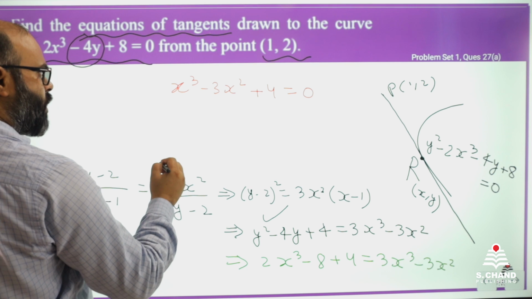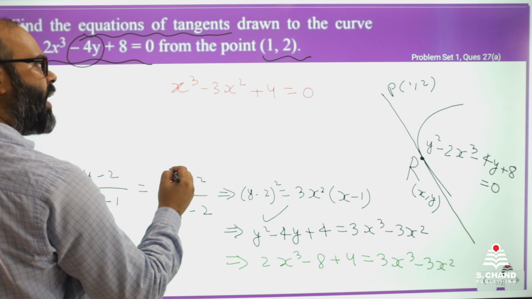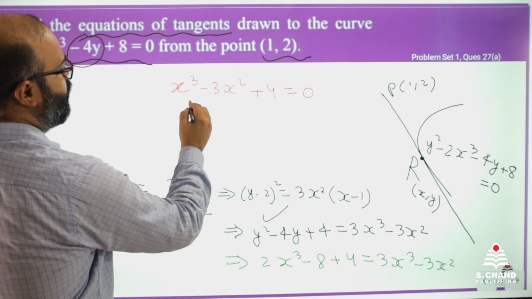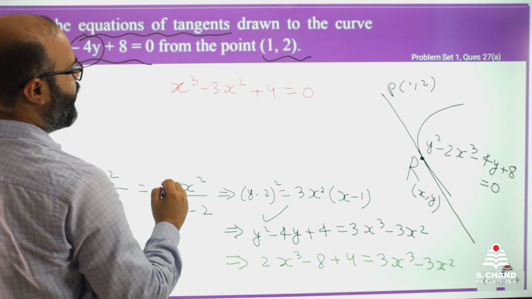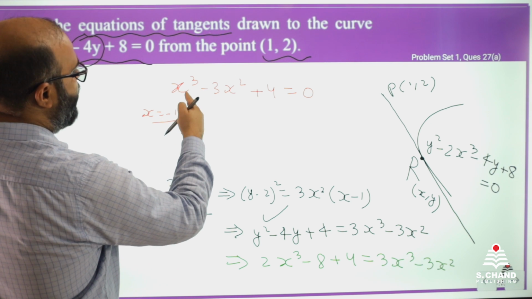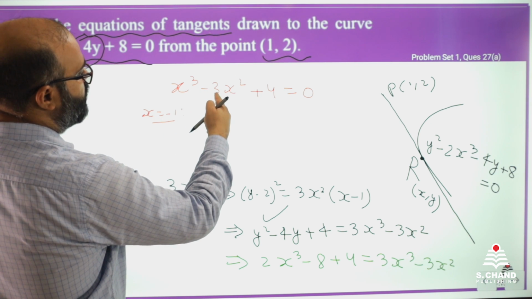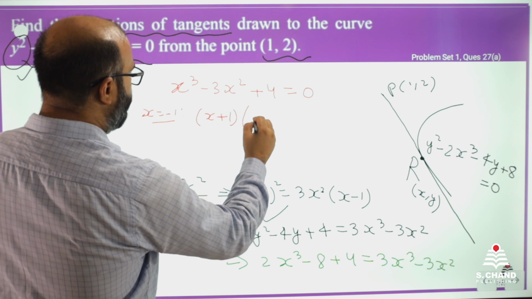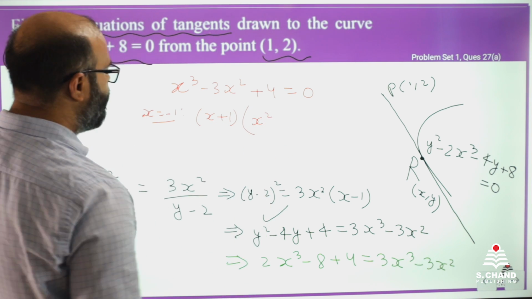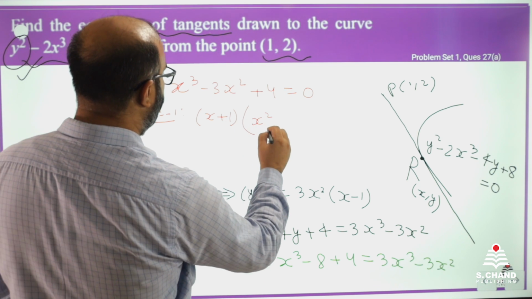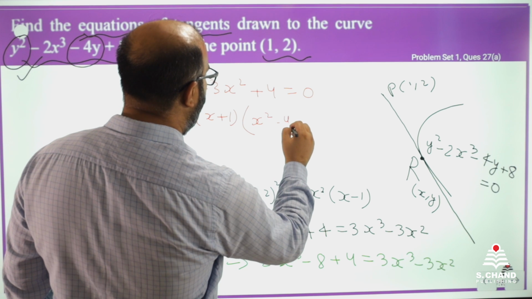Now which value of x will satisfy it? If we take x is equal to 1, then it won't satisfy. If we take x is equal to minus 1, it will satisfy, because this will become minus 1 and this will become minus 3 minus 4 plus 4 equal to 0. So x plus 1 is a factor. So we can write it as x square, which will give you x cube, and you want minus 3x square, so plus x square and minus 4x.